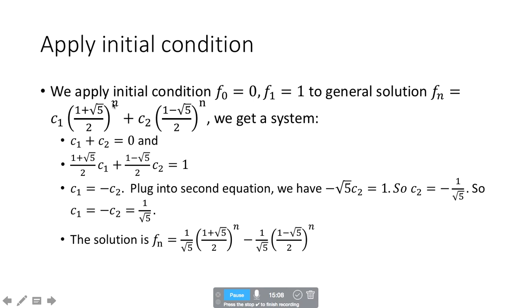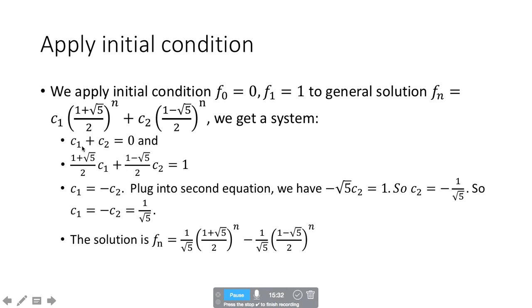So when n equals 1, (1 plus square root of 5) over 2 to the 1 power is still (1 plus square root of 5) over 2, multiplied by C1. Then again, (1 minus square root of 5) over 2 to the 1 power, multiplied by C2, equals 1. So you need to solve this linear system. You have two unknowns, C1 and C2, and two equations, so you can solve it.